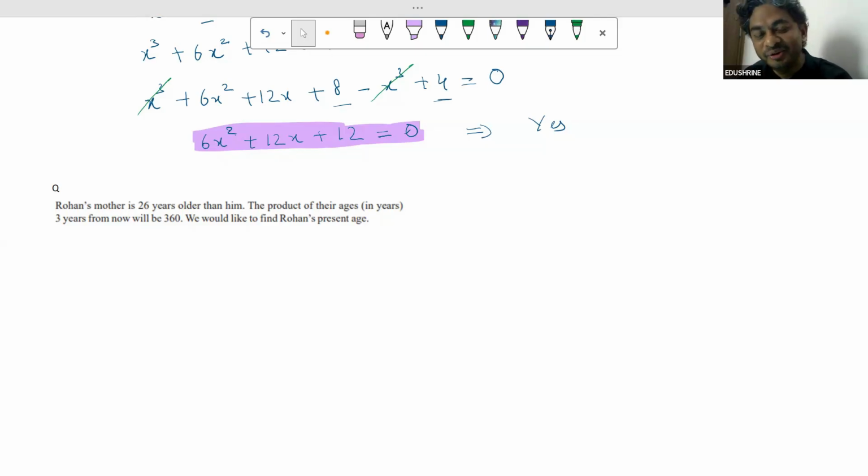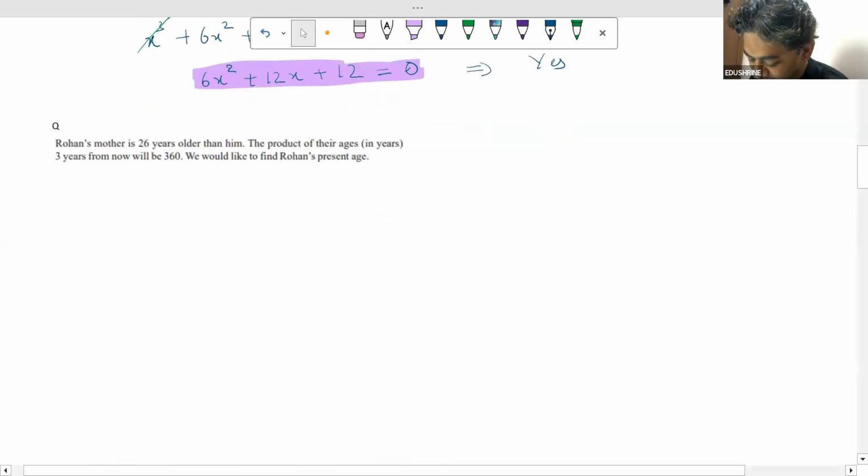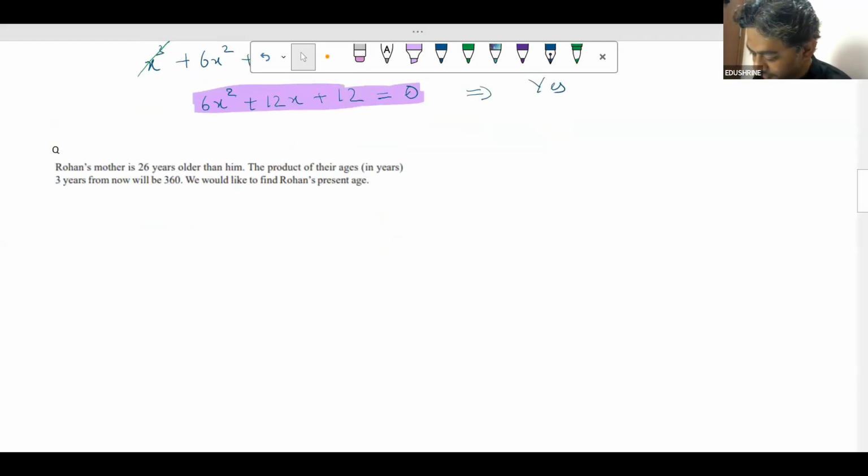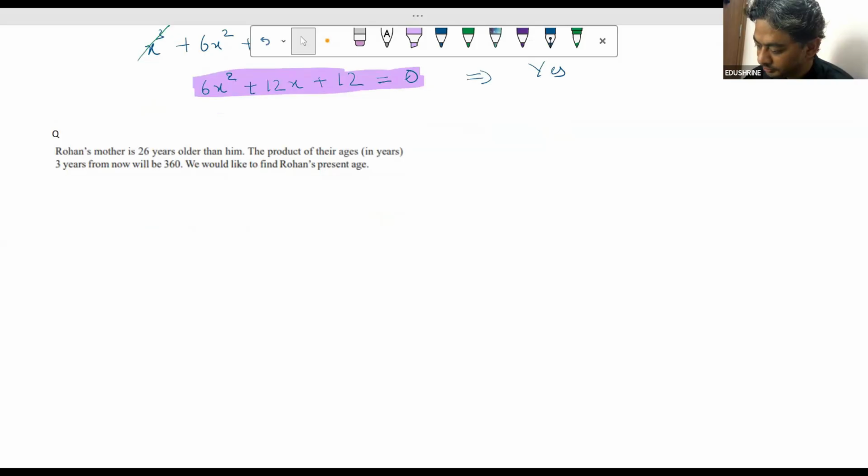So what you need to find out? You need to find out Rohan's present age. Let me see who answers this quickly. Okay, try guys. You have to tell me Rohan's current age.